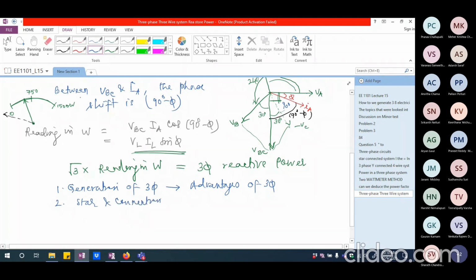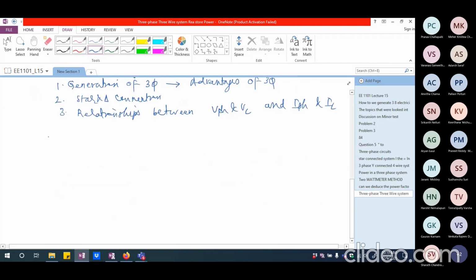And we also talked about the relationship between the phase voltage and line voltage and phase current and line currents in star and delta connection. And we also looked at the power expression we derived, which is √3 VL IL cos phi.